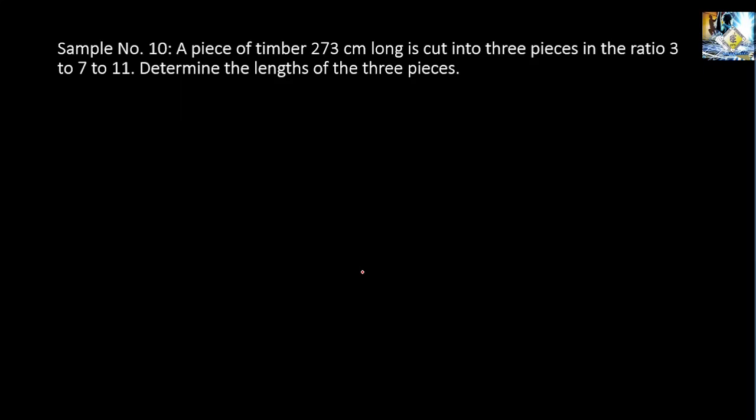The total number of parts is the sum of 3 plus 7 plus 11, which is 21.